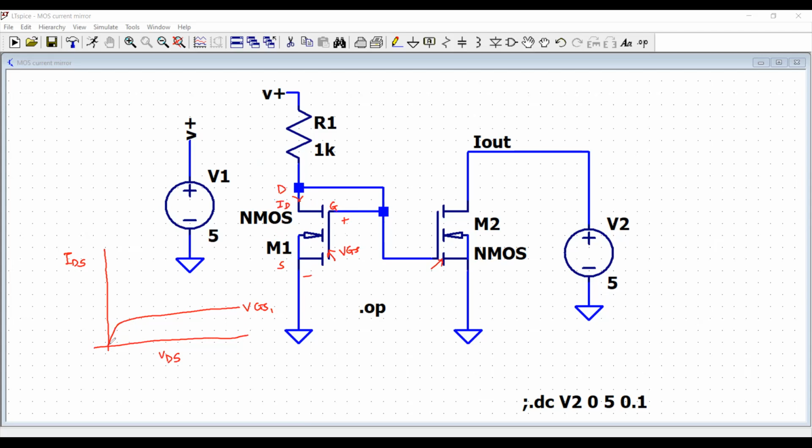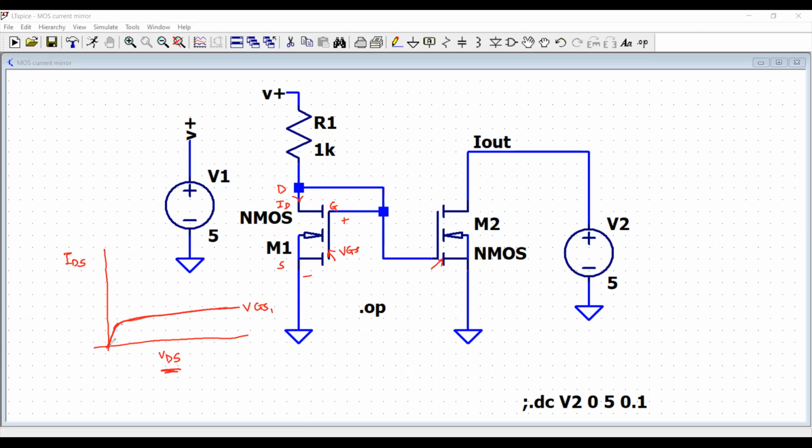Initially your current rises linearly, but after a certain voltage, if you still increase VDS more, then your channel is pinched off. Channel pinched off means no more current can flow from drain to source of the MOSFET, and your drain current is said to be saturated. There is a constant current that flows.